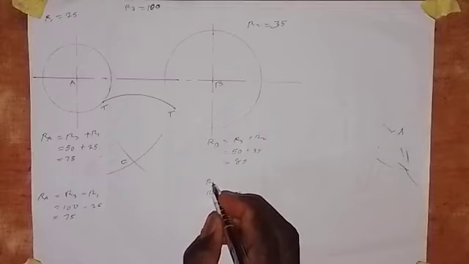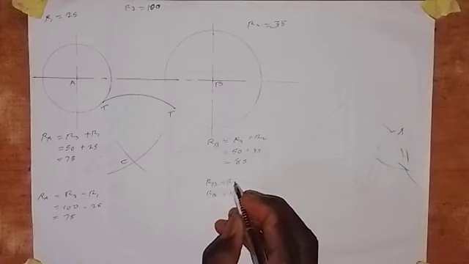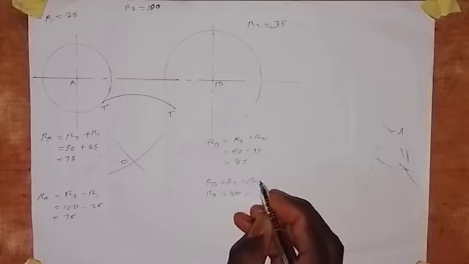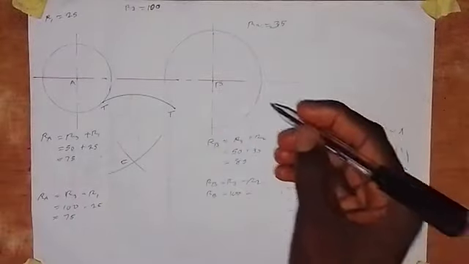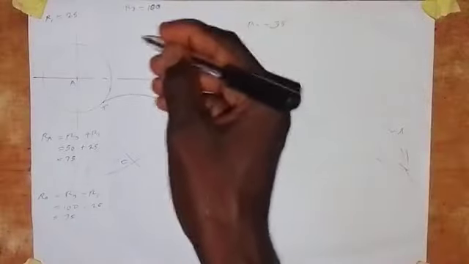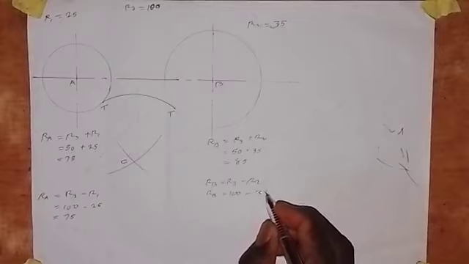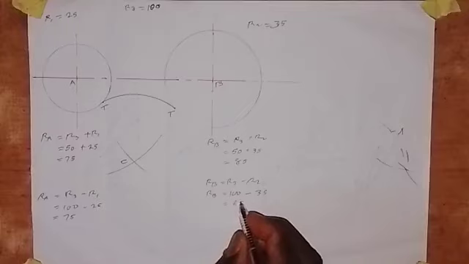RB is equal to R3 minus R2. R2 is the radius of this circle, while R3 is the radius of the arc. So this is now 100 minus 35, and in this case, we have it to be 65 millimeters. So this is 65 millimeters.